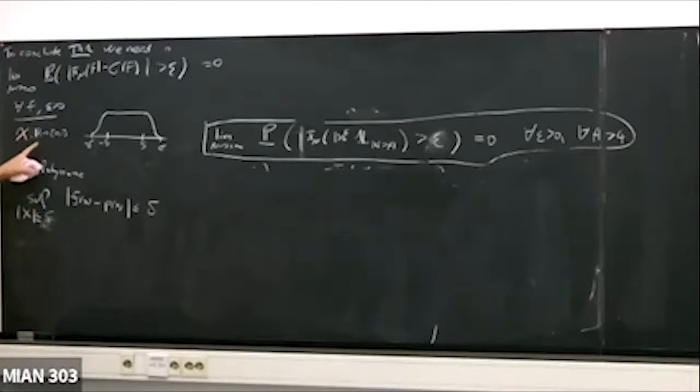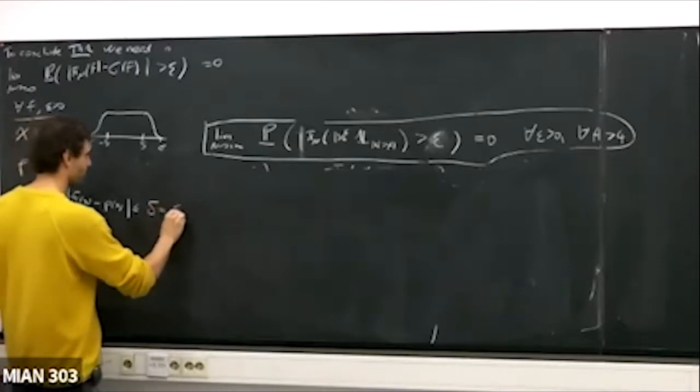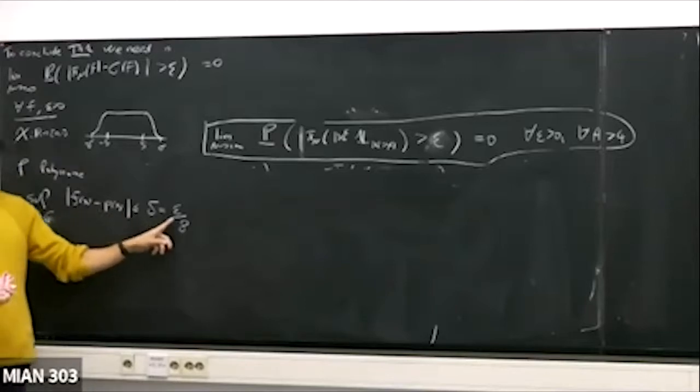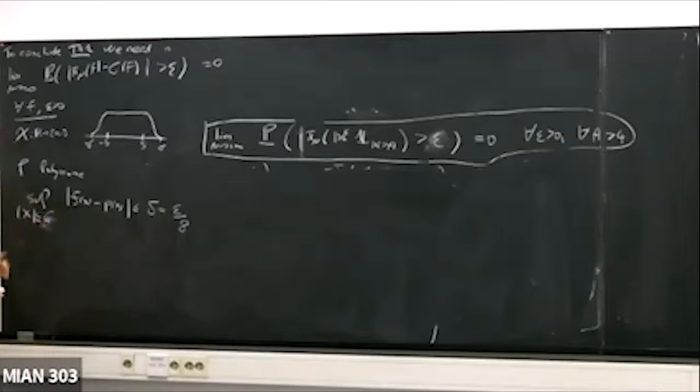And I take delta, let's make it safe, epsilon over 8. So you give me f and epsilon. Chi doesn't depend on f or epsilon, but I choose this polynomial, since on compact sets polynomials are dense, so that f of x minus p of x is less than epsilon over 8 for every such x.